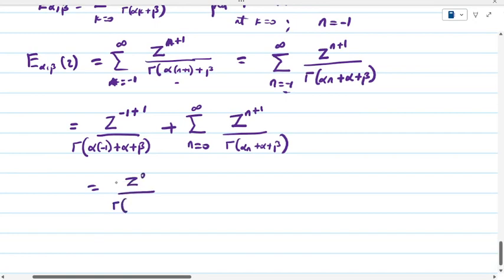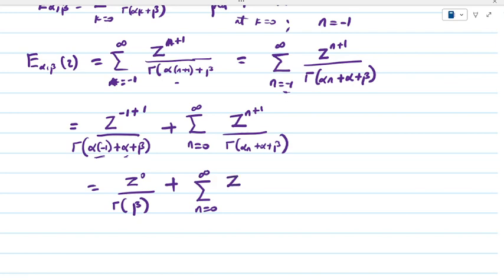Then gamma, this minus alpha plus alpha will be 0, so I have gamma beta left, plus summation n equals 0 to infinity z^(n+1) over gamma of (alpha n plus alpha plus beta).